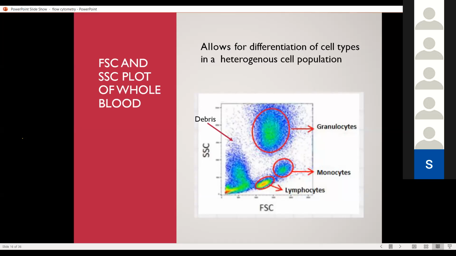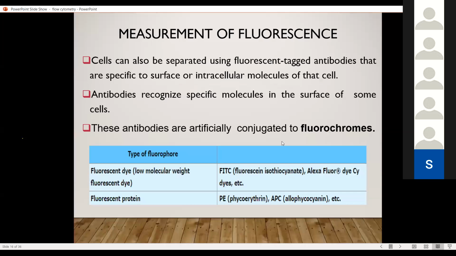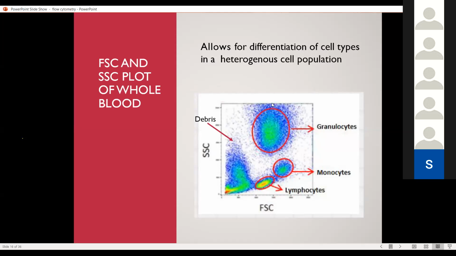Here, circled in red, are granulocytes. They have high granularity, so they have high side scattering. On the graph, they have created their population over here. On the basis of this, we can say that these are the granulocytes.